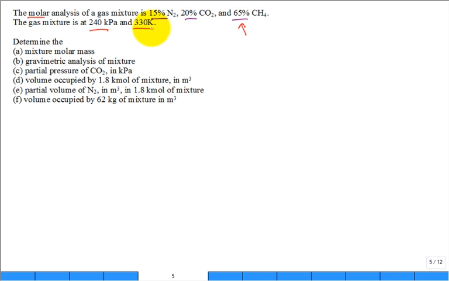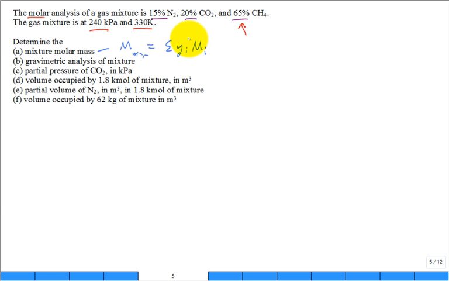Determine the mixture molar mass. How are we going to calculate capital M? Sometimes I put MIX as a subscript, but I don't think the book does. So what is the equation? Yeah, just the yi and the molar mass of each of the components.